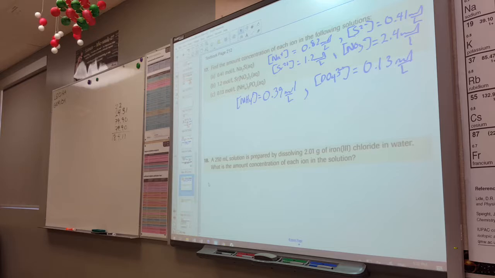Okay, so what do you want? You want the concentration of each ion, right? So let's start off with maybe, do you want chloride or iron first? Say you want the concentration in moles per liter of every 3 moles, right? Do you see anything that has moles?